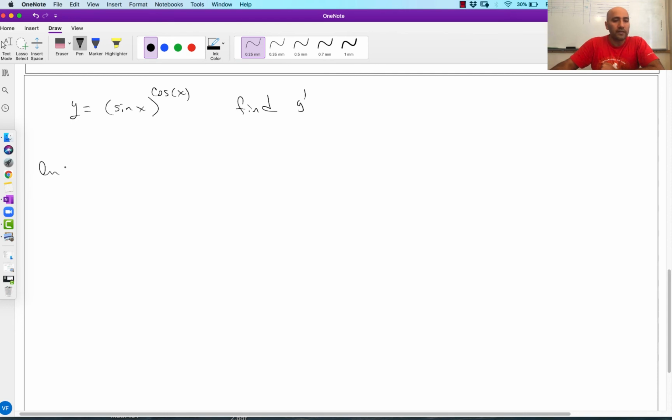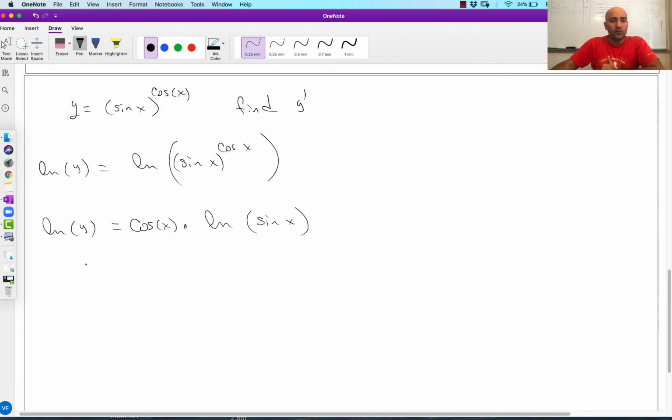So we're going to say, let's look at ln of y equals ln of sine x raised to the power of cosine x, where this is an exponent. And our properties of logs let us bring that in front. So we get cosine of x times ln of sine of x equals ln of y.